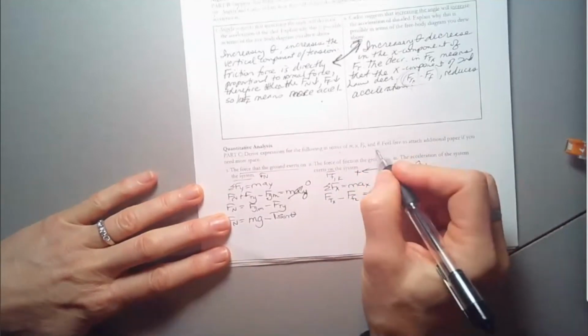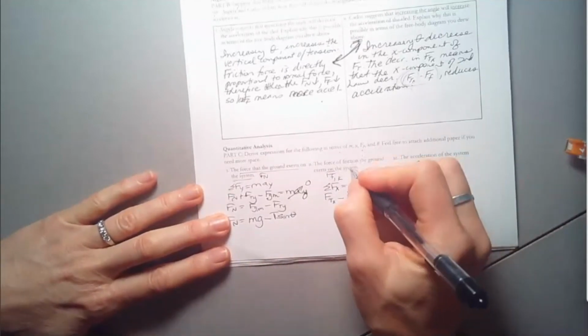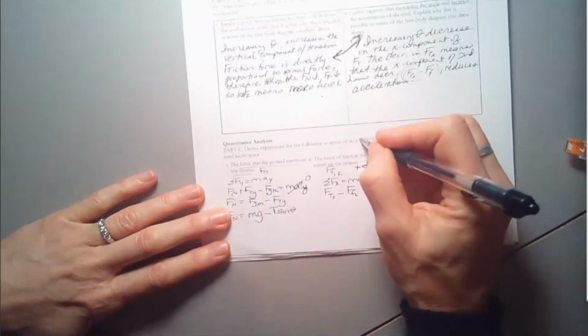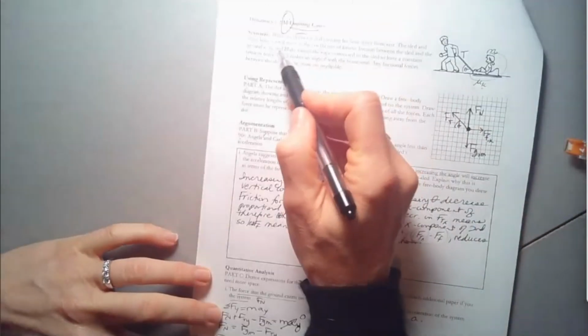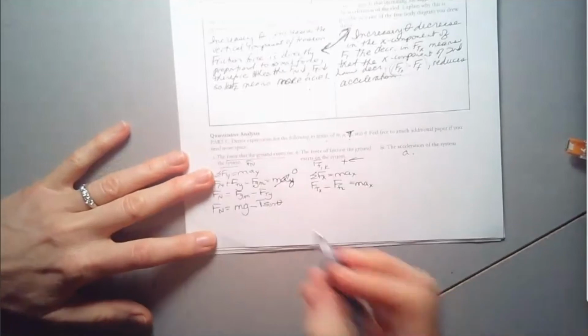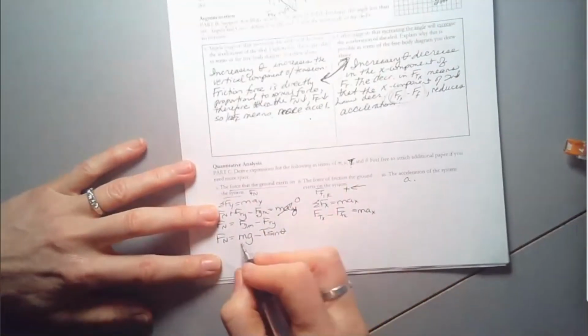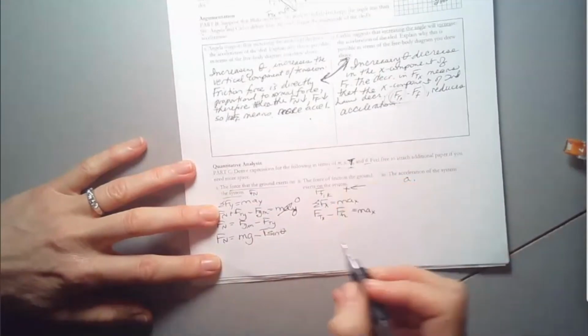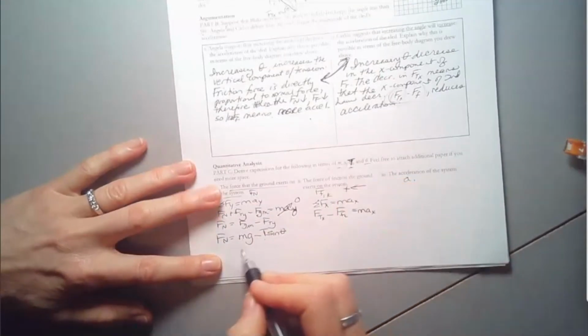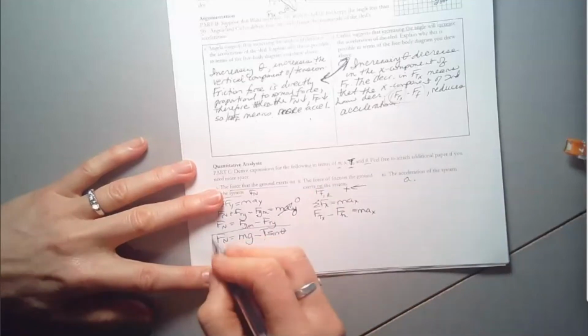We're allowed to use F pull. They changed from capital T to F sub P, so I'm just going to be consistent with what they told me at the beginning. So this is using all the things we're allowed to. So I'm going to double check that and make sure I have an expression with only the variables that they say I have to use.